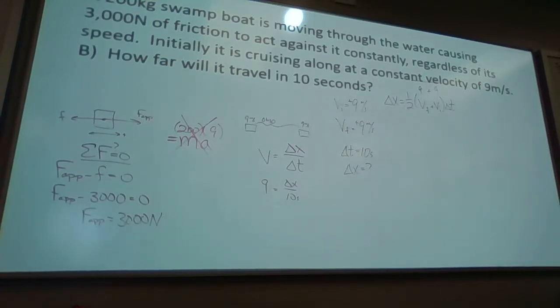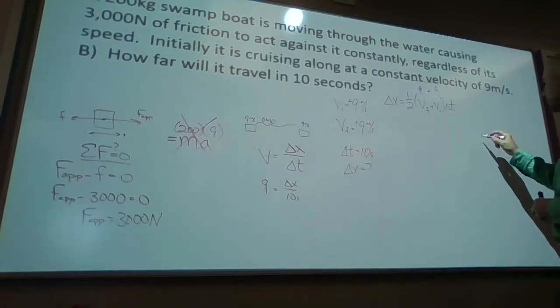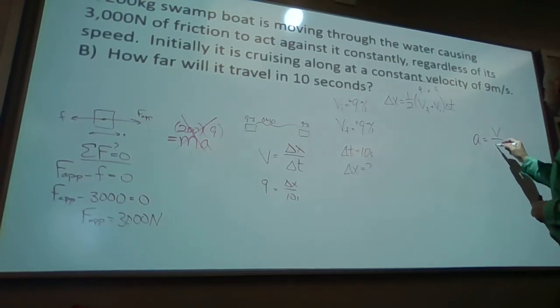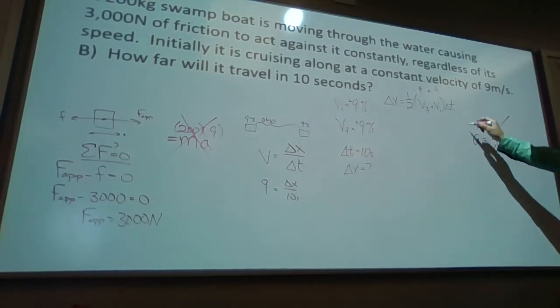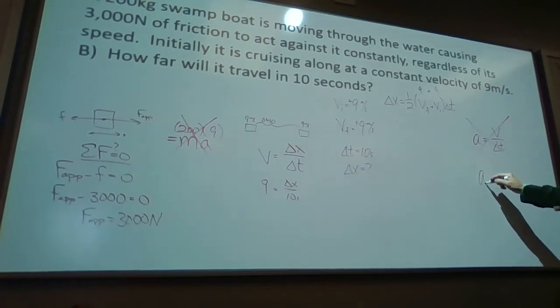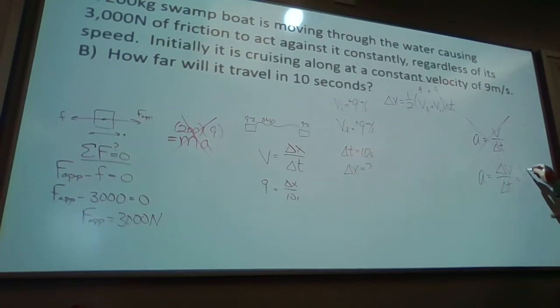Now, here's another pitfall. Acceleration is not velocity over time. Acceleration is equal to the change in velocity over time. Final velocity minus initial velocity.